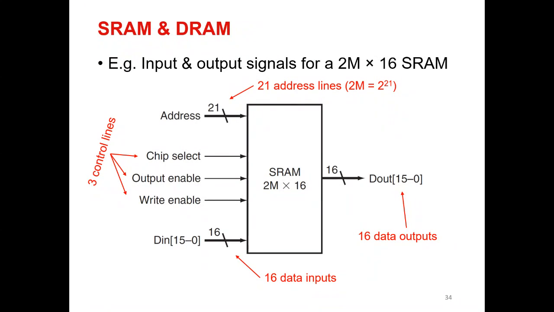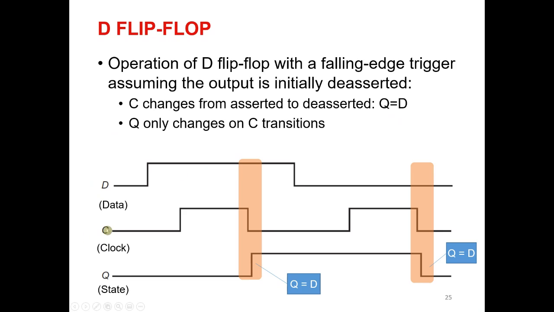So for instance, if we go here, the clock signal is 0. When it changes to 1, it means that the clock signal is asserted. And on the contrary, when it is 1 and it changes to 0, the clock signal is de-asserted. Okay?